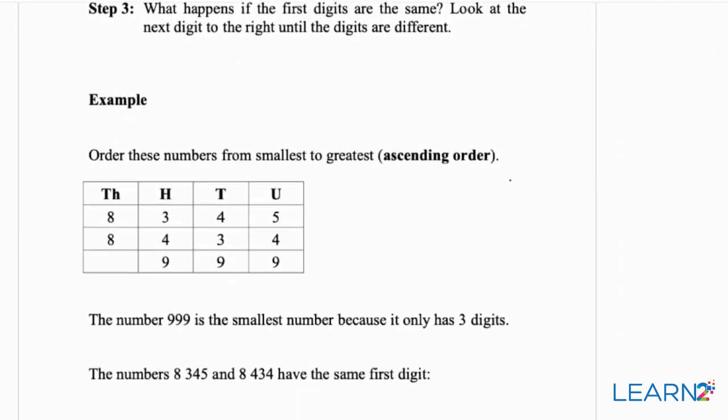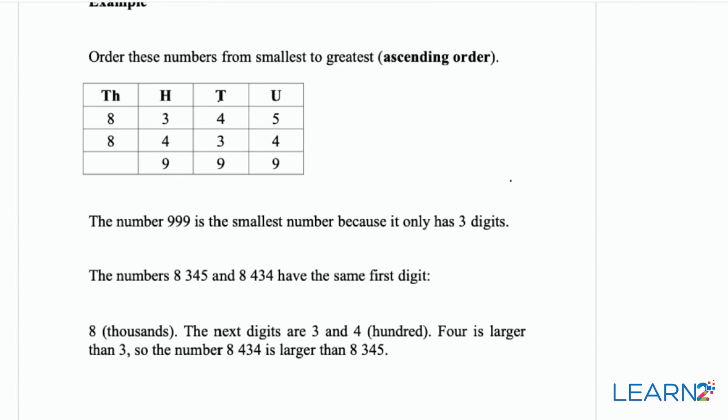So let's go and look at an example. If we've got these three numbers, 8345, or 8434, or 999, let's say we had to arrange these in ascending order, from the smallest to the biggest. Well, we can see that 999 doesn't even have anything in the thousands column, so 999 must be the smallest. If we compare 8 with 8, they're the same. If we compare 3 with 4, the 4 is bigger, the 3 is smaller.